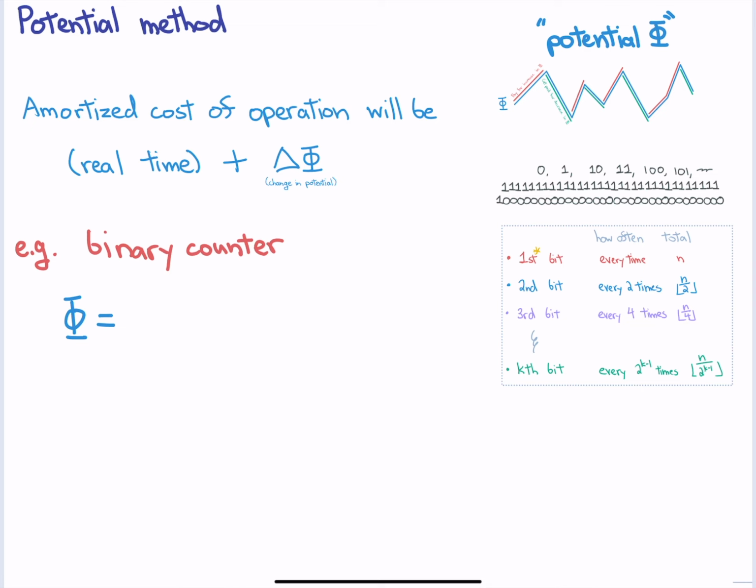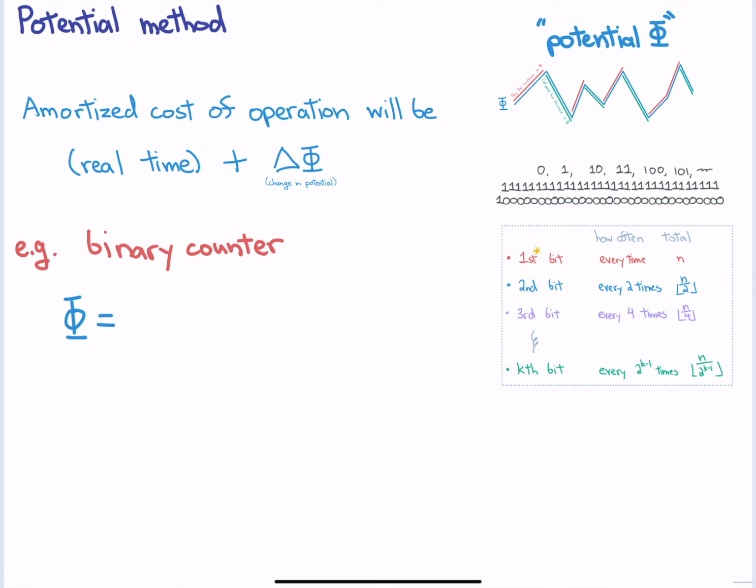All right, so I left it blank to give you guys a chance to guess. It's a little bit tricky to guess, but maybe just trying to think of one is still a good learning experience. For a binary counter, I want to come up with a potential function to help cancel out that expensive operation where I have a bunch of ones that all flip to zero. Because most of the time I just flip a 0 to 1, but every once in a while I have to flip a bunch of ones to zero.